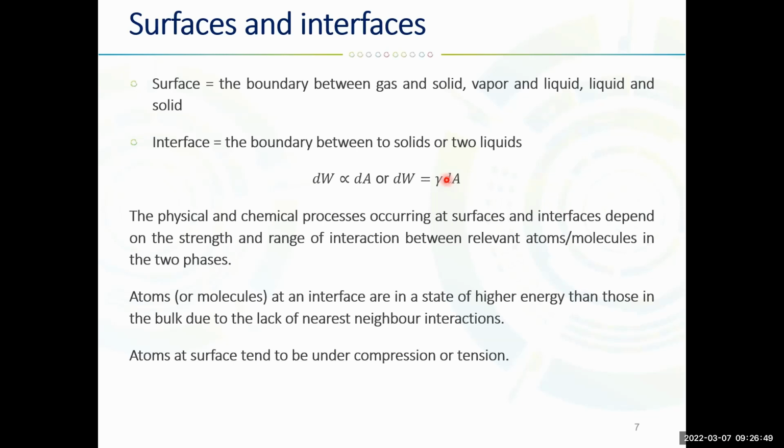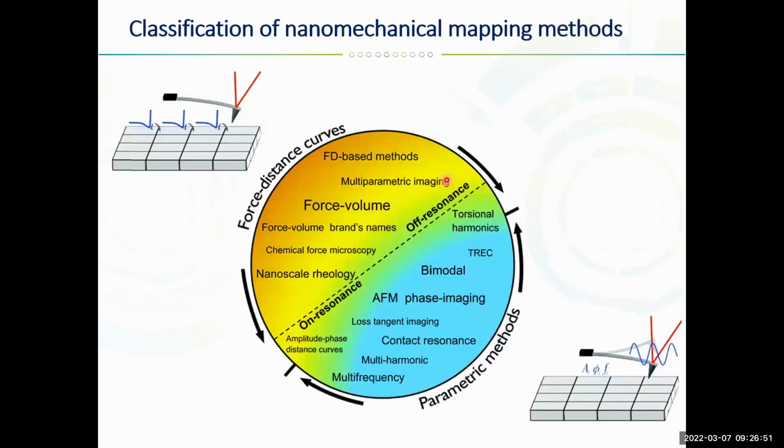If I just come back for a second to the previous slide, again, surface energies can be measured in a variety of different ways. The standard way is, if your material has a liquid phase in it, or you can put a drop on a surface to measure contact angles. So here you can see all these methods that can be used to measure this.